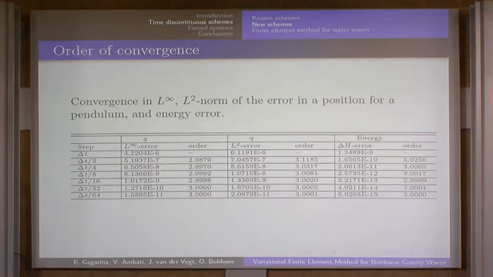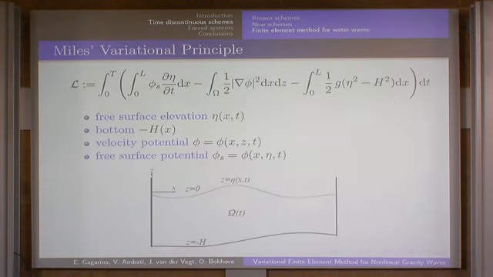We verified this simple PQ system against an analytical solution. We got third order of convergence. Nevertheless, it's quite a simple test, and the question is whether we can make something more complicated. The more complicated test case is Miles' variational principle.